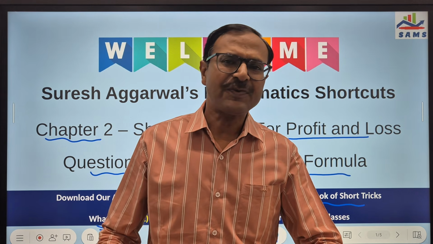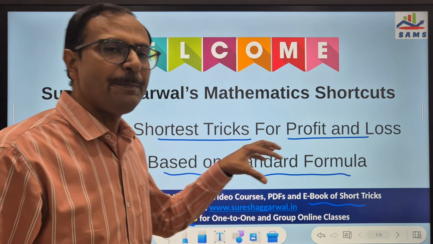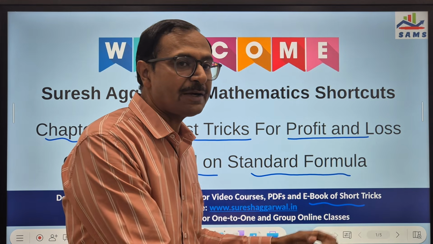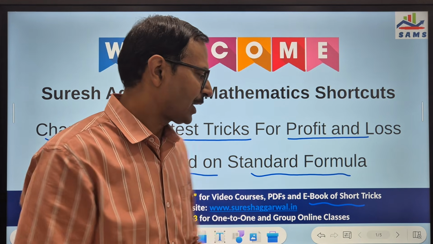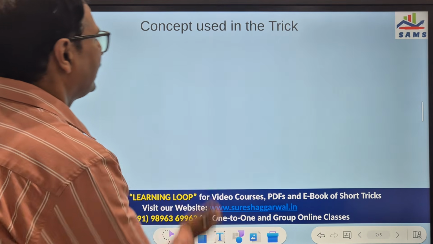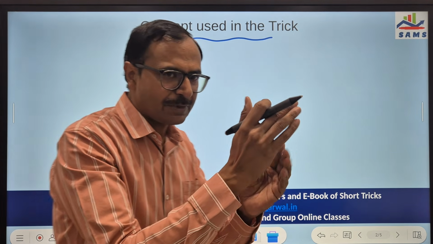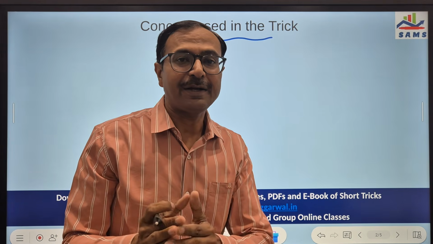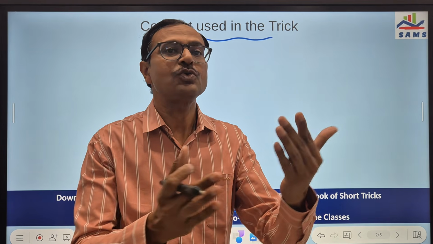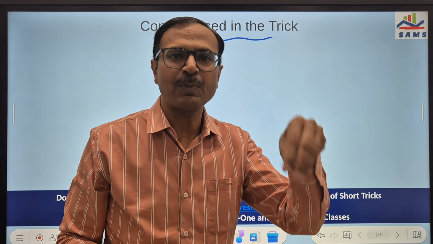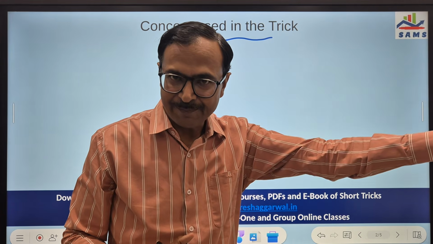So friends, let's first understand the concept. What do we mean by the standard concept or standard formula of profit and loss? So we all know that whenever we try to sell something, or you go to the market and the shopkeeper is trying to sell you something, even he has brought that particular product from somewhere.